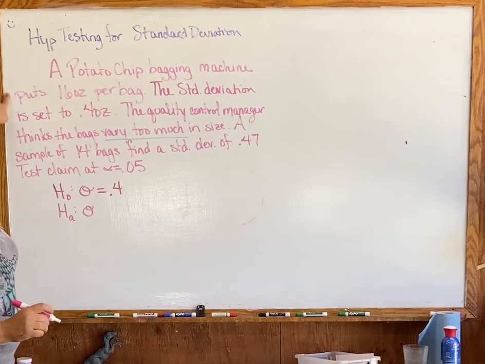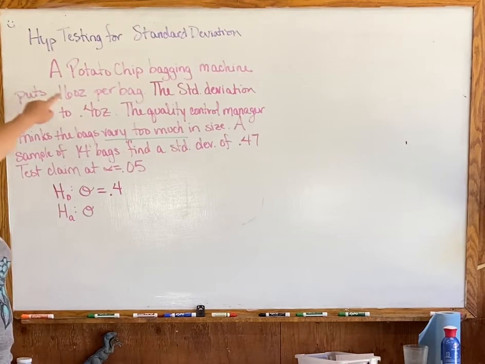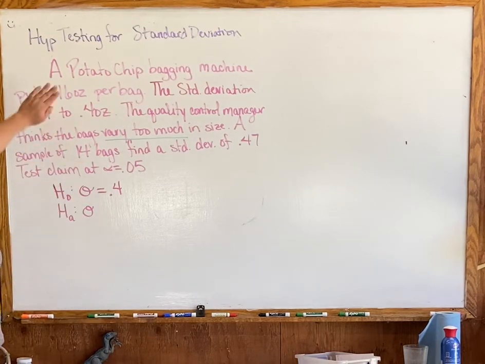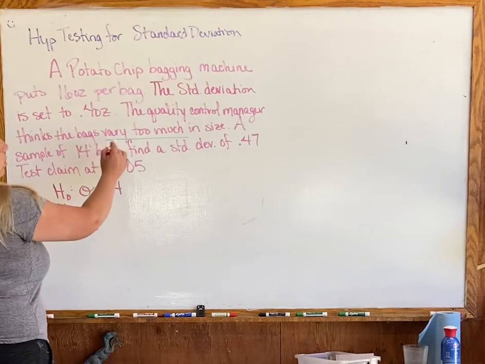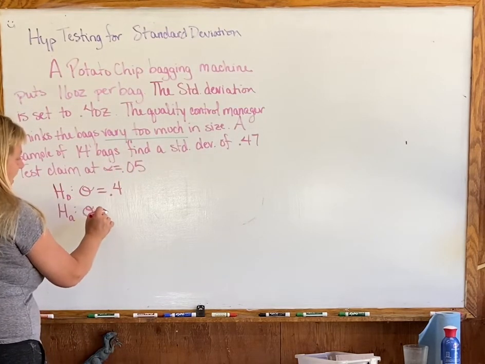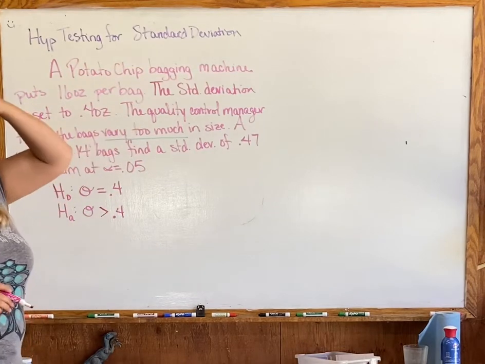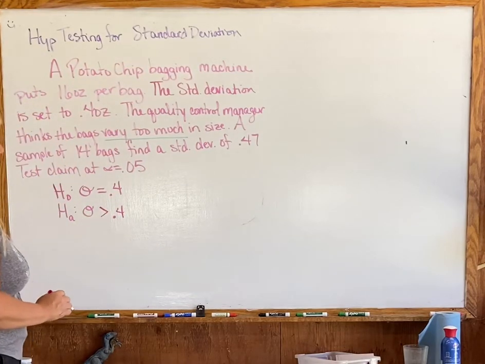Now, the fact that this potato chip machine bags 16 ounces of potato chips is really not important to us. That's extra information. It's just telling us what we're studying, but it doesn't affect us. We don't need that 16. It's the 0.4 we're interested in. And the quality control manager thinks that it is greater than 0.4. Varies too much, so it's greater.